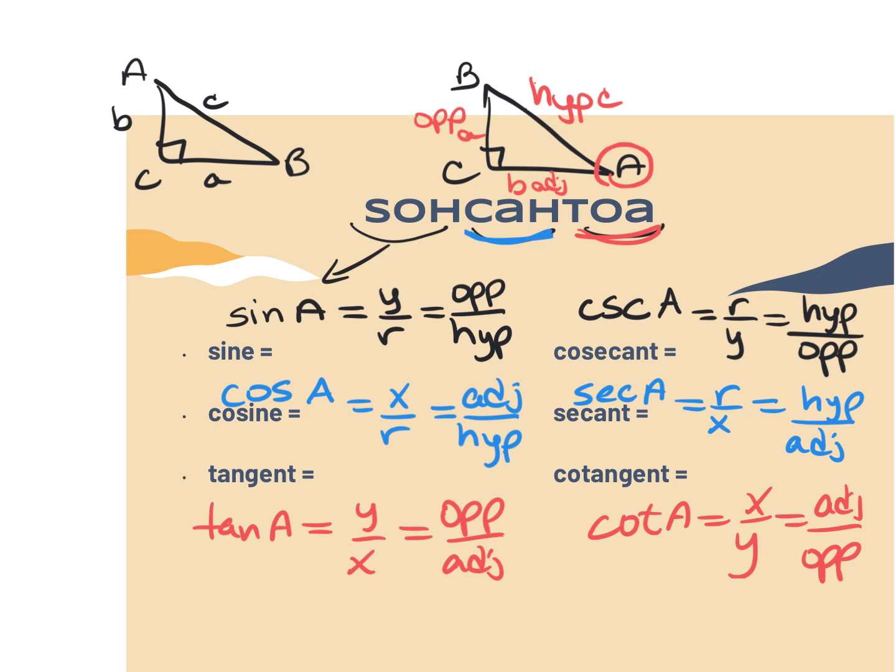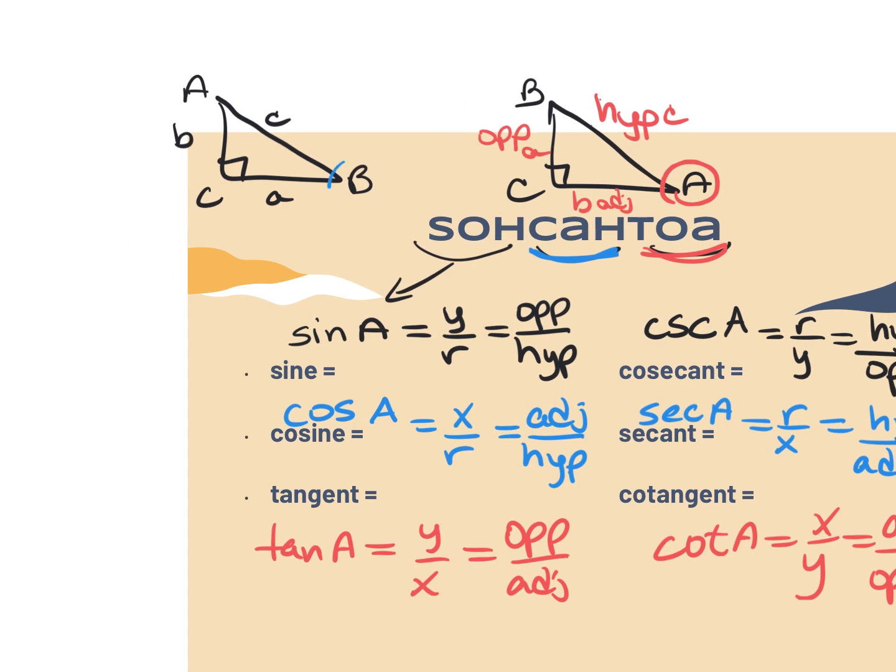So in my picture here, I would either ask you to find the 6 trig functions based off of angle A or angle B. Remember, when you go to write the names of the sides, if I was referencing angle B, then over here, this would be my opposite, this would be my adjacent, and always remember the hypotenuse is always opposite the right angle.